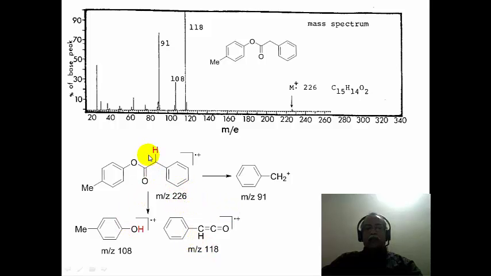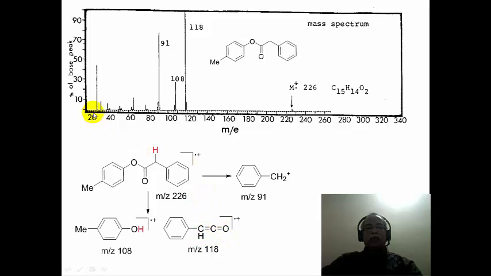A simple fragmentation of the acyl carbon bond can result in the benzylic cation, which rearranges to a tropylium cation with a molecular weight of 91, and the 91 peak is also shown in this particular spectrum. Again, you see a peak at 28, probably corresponding to carbon monoxide that may be coming from this particular fragment.